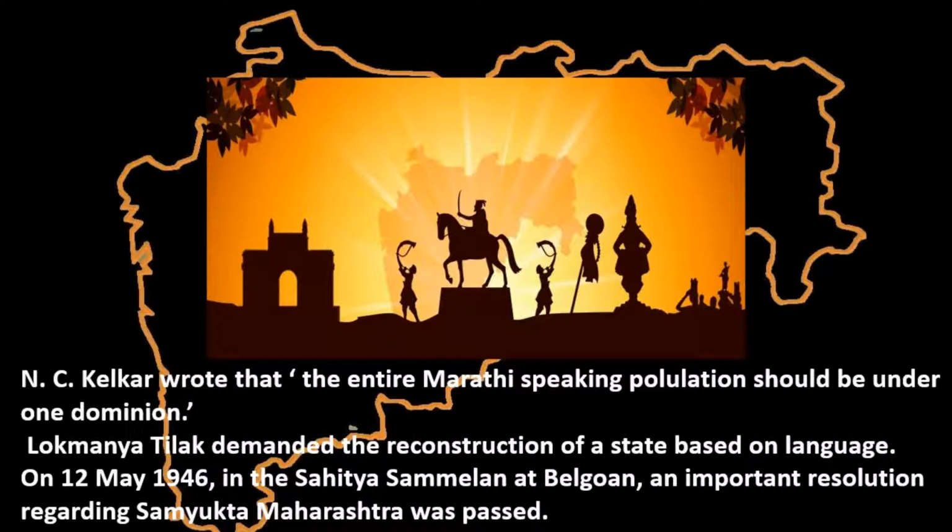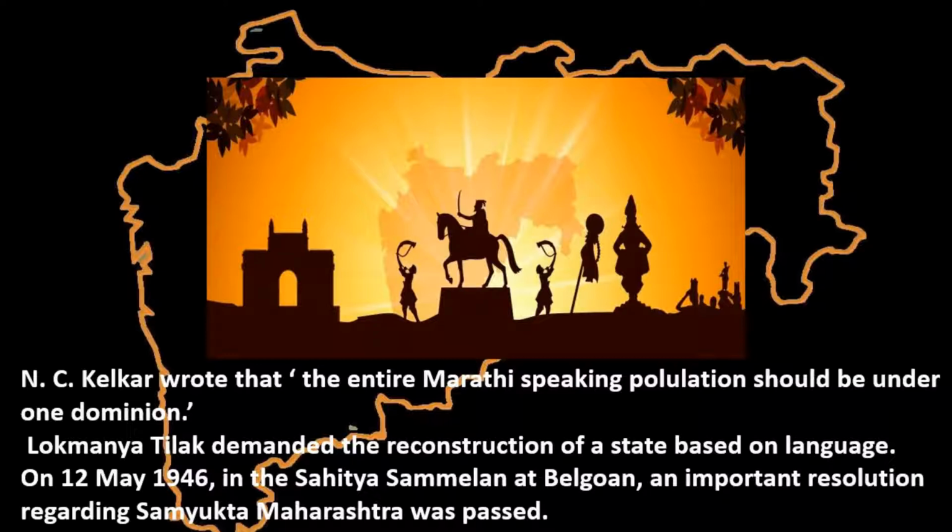But during that period, the issue of independence of India was more important than the reconstruction of the state. That's why the issue of reconstruction of the state remained aside, because the issue of independence was more important.